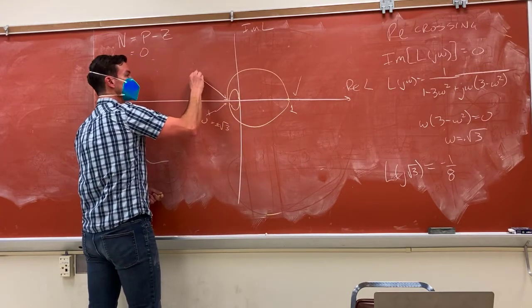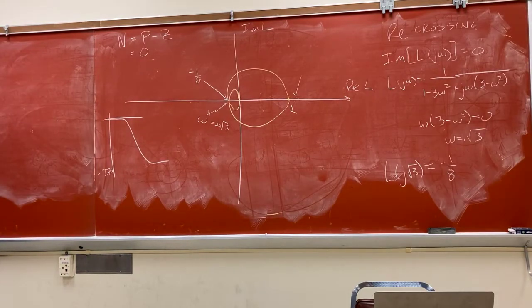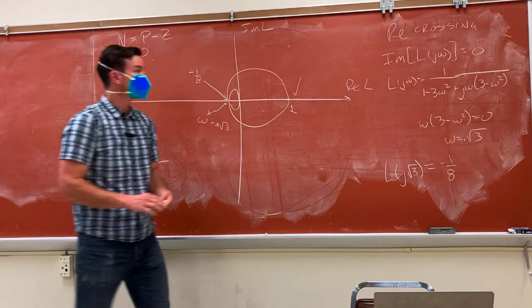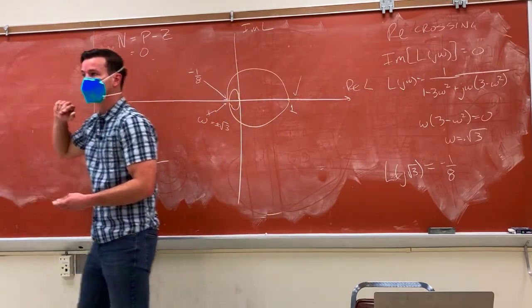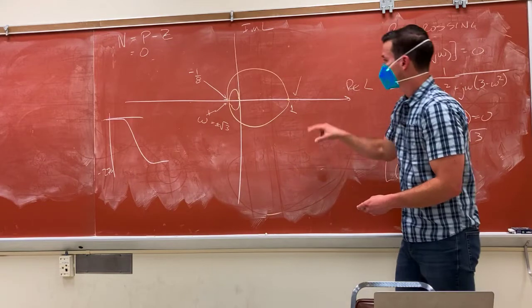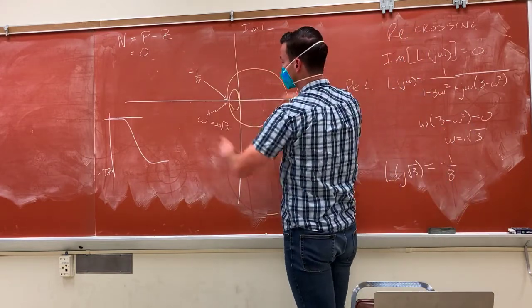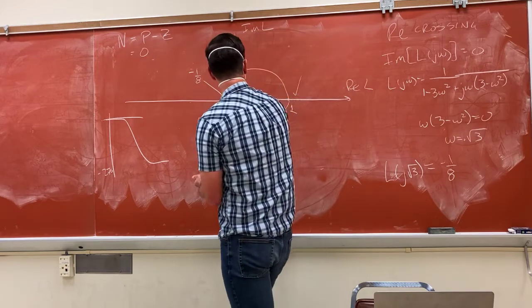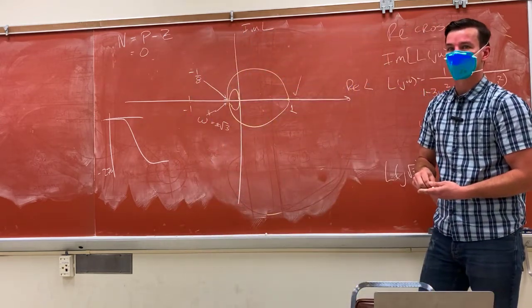This is negative 1/8. So if the numerator were 8 instead of 1, that would take this yellow thing, inflate it by a factor of 8, which puts this crossing at negative 1, which is our crossover point.